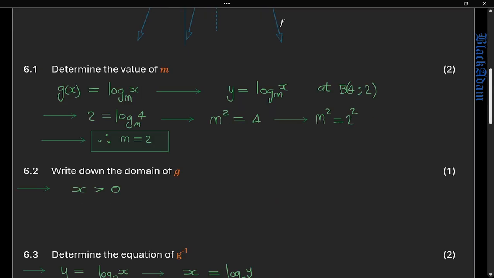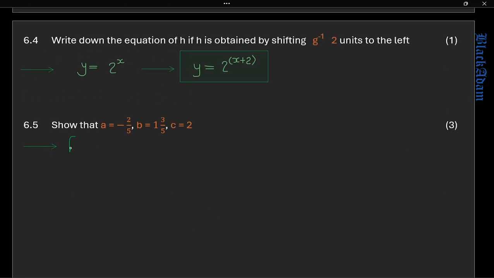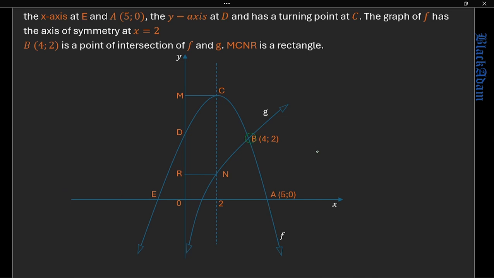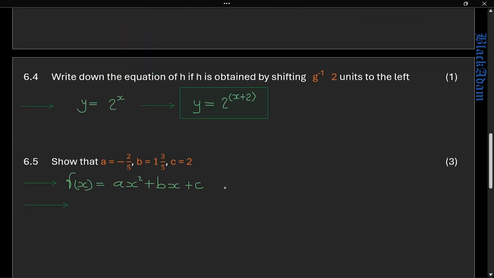Okay, and then we have f of x. Show that a is equal to a half, where f of x is ax squared plus bx plus c. We know that we have point B and point A on the graph, and we also have the turning point at C, which is given by minus b over 2a.